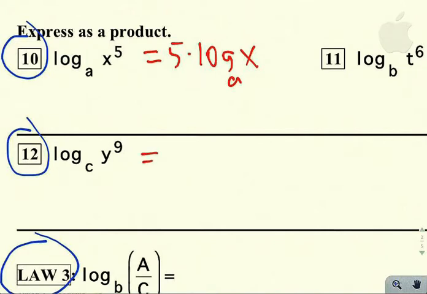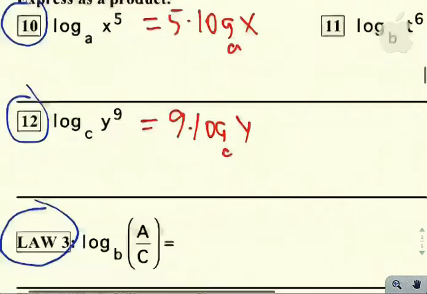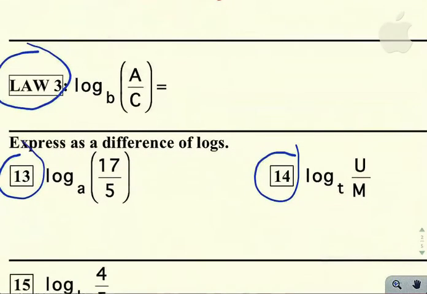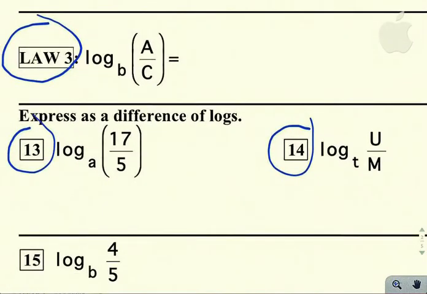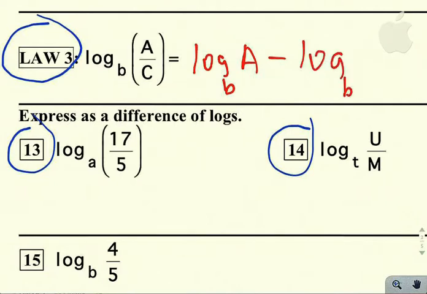Number 12 then would be 9 times log to the base c of y. Our third log law. Log to the base b of a over c is log to the base b of a minus log to the base b of c.